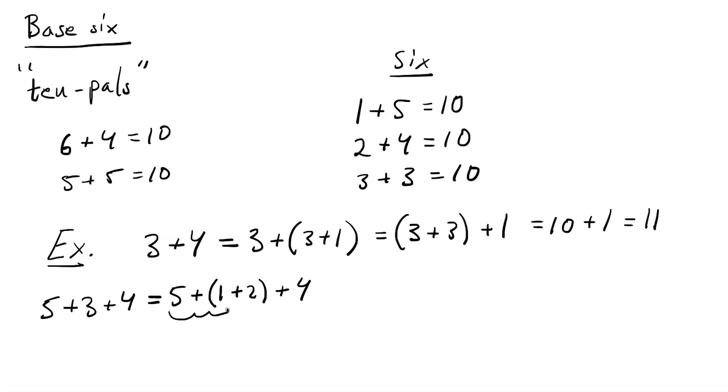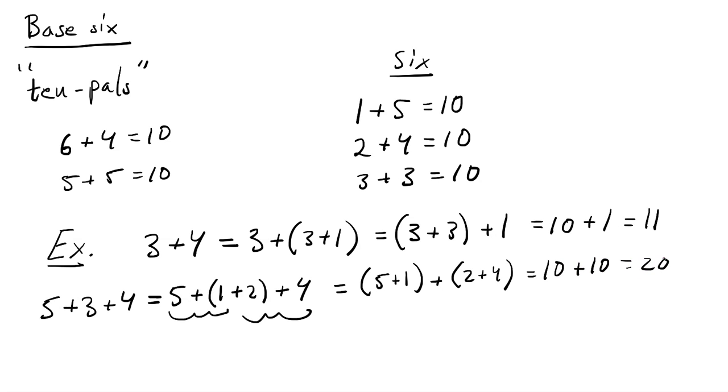Because now these two are a 10 pal, and these two are also a 10 pal. So we can write this as 5 plus 1. We group these two first, and then we group the last two. So this will be 10 plus 10. So this is 20. Okay, so this is how we can use 10 pals.